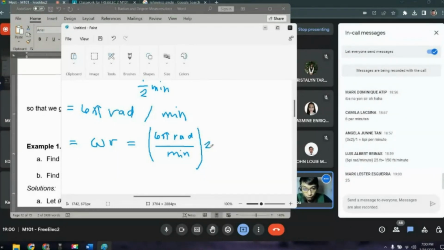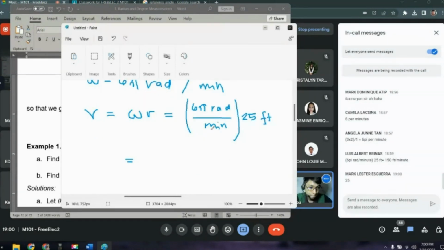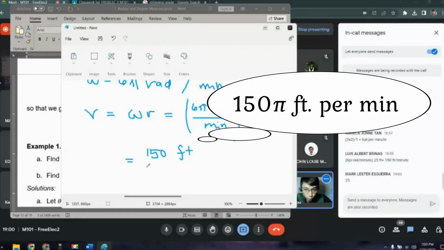From the given 50 feet diameter. 6 times 25 lang yan. 6 times 25, we have 150 feet per minute. Okay, per minute or over minute. It's up to you how you denote that.